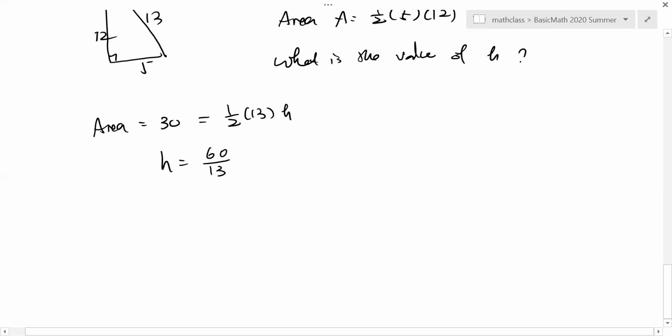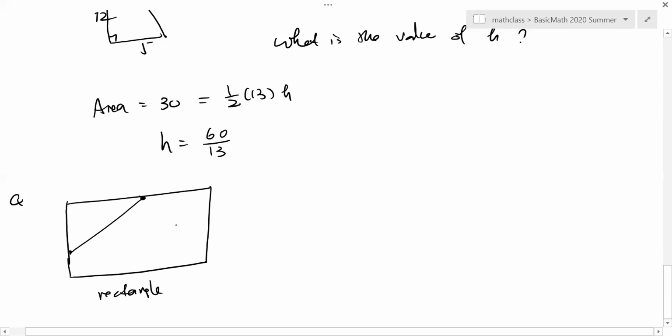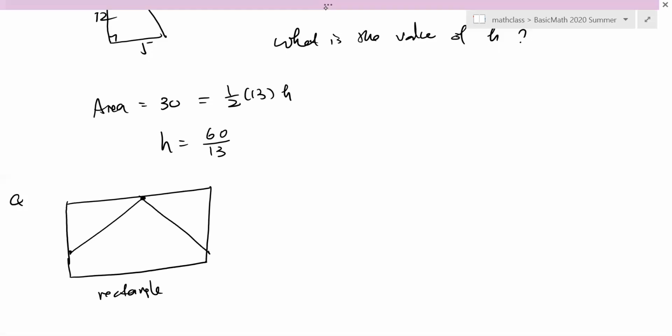All right, so now we'll continue. Anyway, if we know it's a right triangle, it's easy to find the area. So now let's take a look at the rectangle. This is a rectangle. By definition, in a rectangle all the angles are 90 degrees. I'm going to pick a point here, and they're going to be like that.